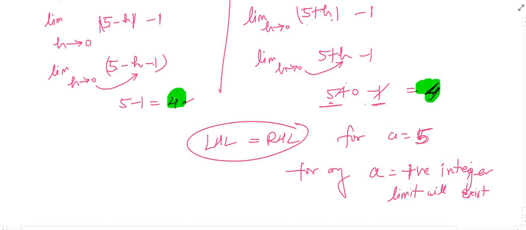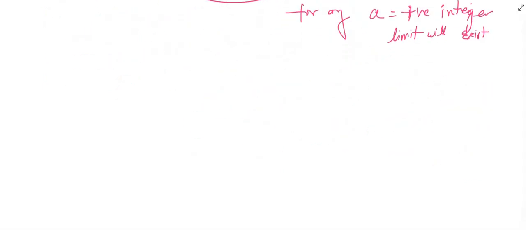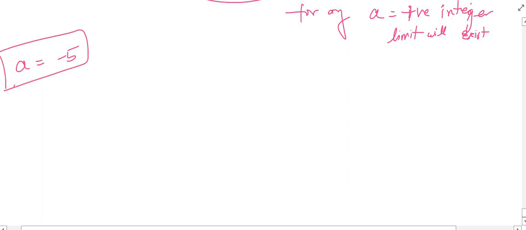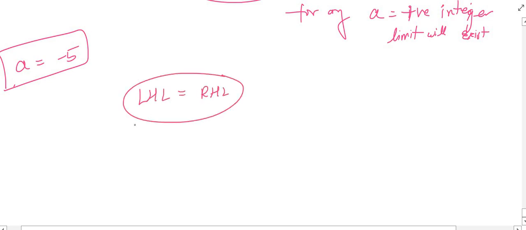Okay. Now we can take a as some negative integer. For this, if you try the same way, LHL and RHL, you will get the same. So that means the limit will exist. You can try on your own. The limit will exist for negative integers as well.